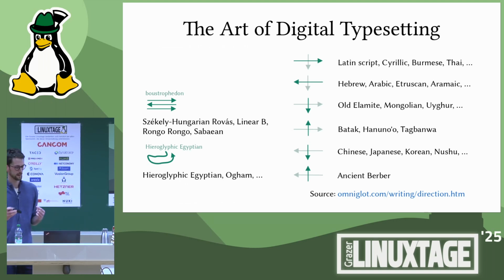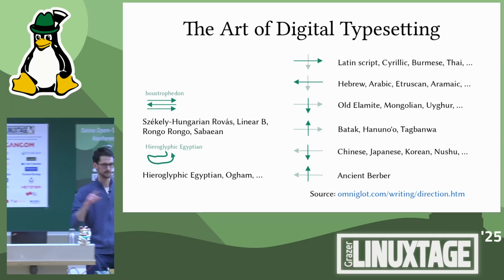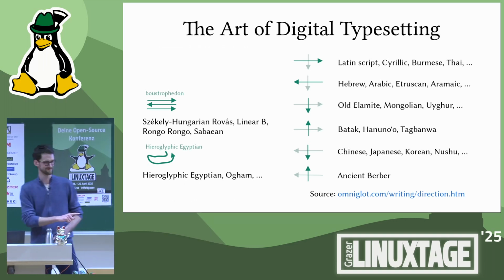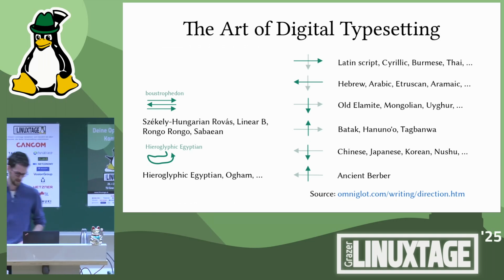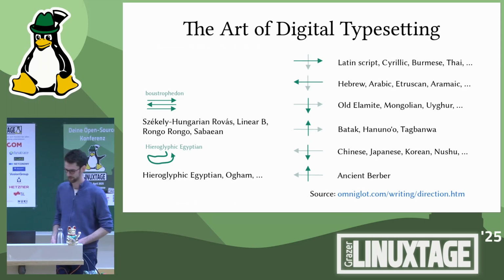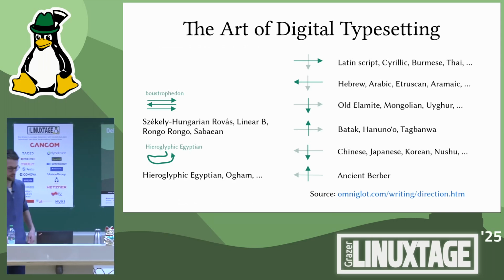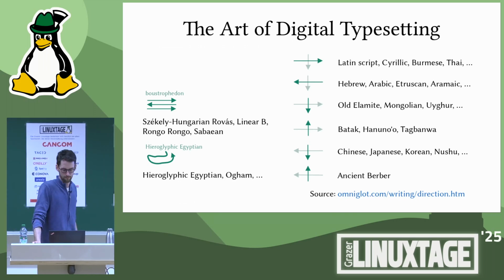Boustrophedon is a writing direction where you go with the first line from left to right, and then on the next line from right to left. So this applies, for example, for Hungarian runes or the Linear B writing system, Rongorongo as well. And Egyptian hieroglyphs, for example, or also Rom, these writing systems do not really have a defined writing direction.